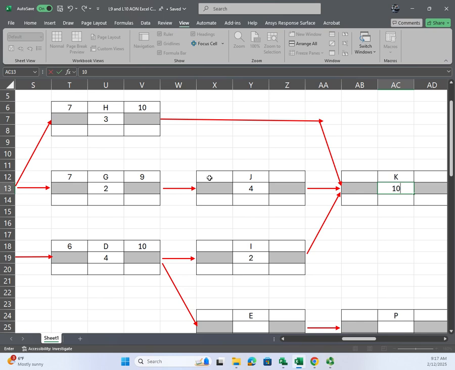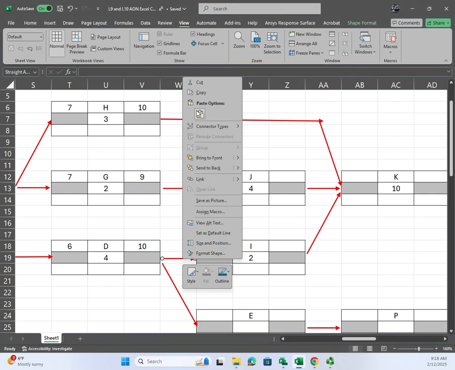Did I miss an arrow here? There's an arrow missing, isn't there? That does make a difference in the world.